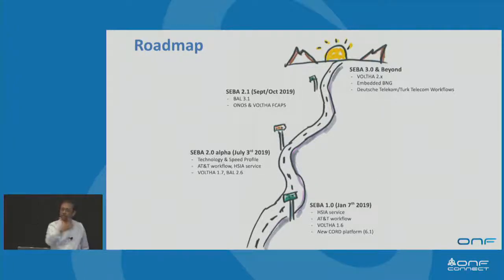If they want to bring in new hardware, they bring it in. If they want to replace parts of the SEBA stack with their own proprietary versions, they can do that. And I'll talk about modularity in this session. But the idea is that we, as an ONF, when it puts out a release, it puts out something that works together. And we have to, as a result, make certain choices.